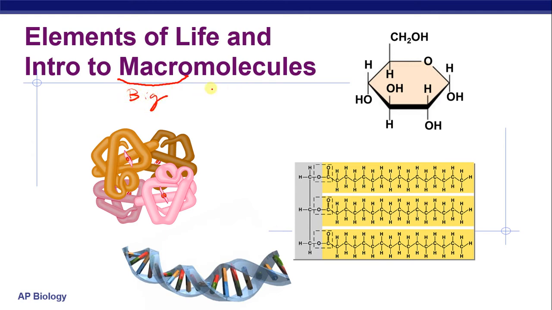Macromolecules, or sometimes we might call them biologic macromolecules, because they're not just any type of big molecules, they're biologic ones, are the most important molecules or classes of molecules for living things.